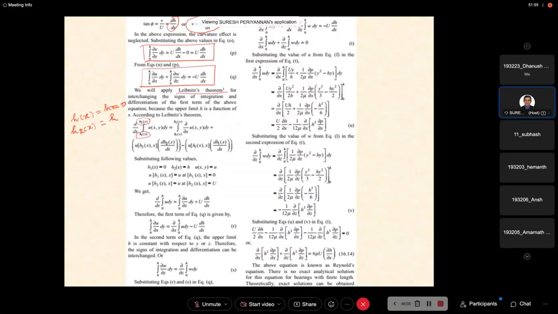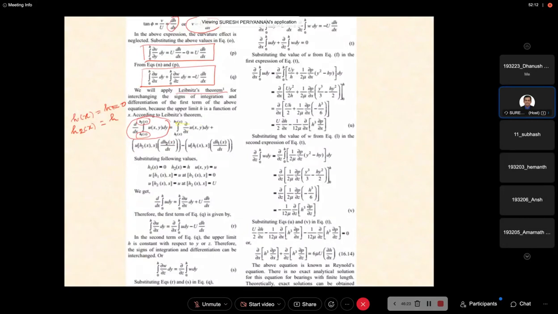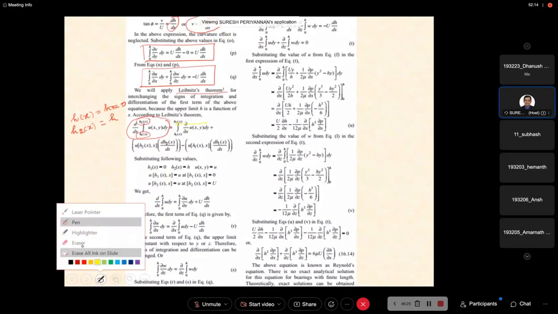This is the solution: d by dx of the integral from h1 of x to h2 of x of u of x comma y into dy. This is the solution obtained by the Leibniz theorem.